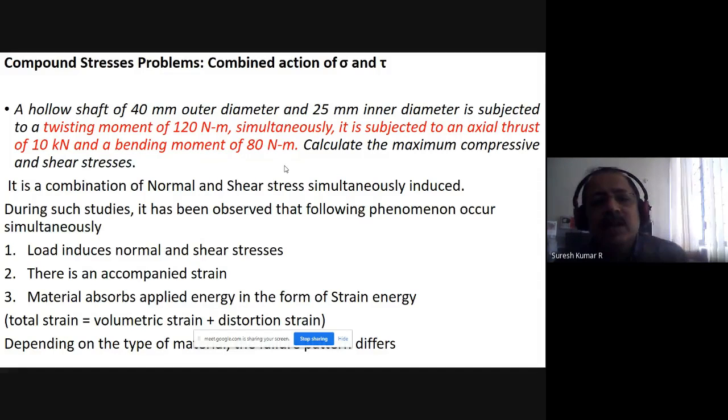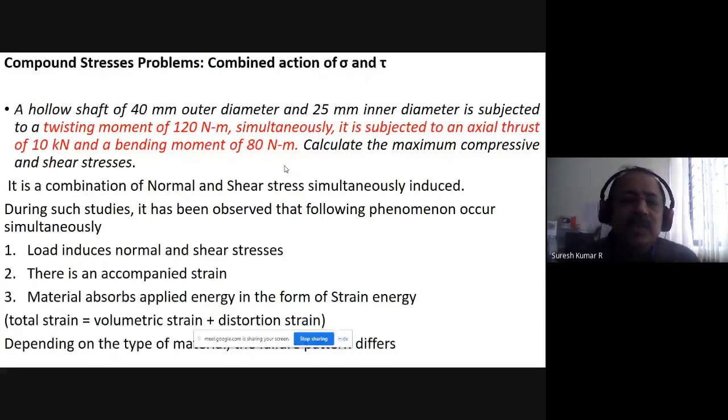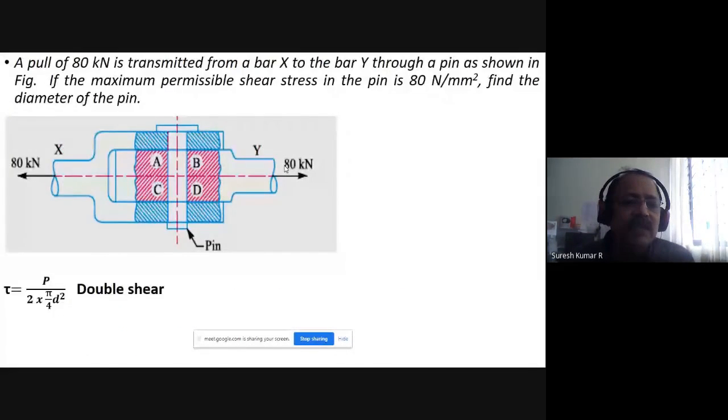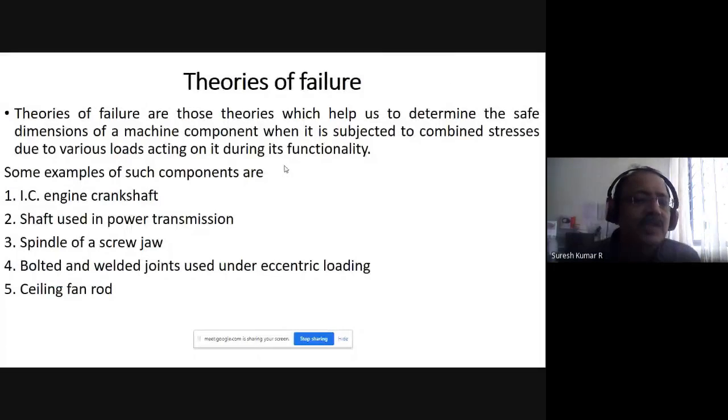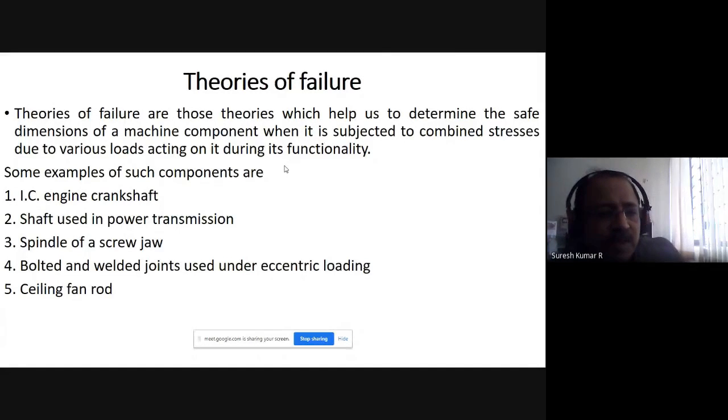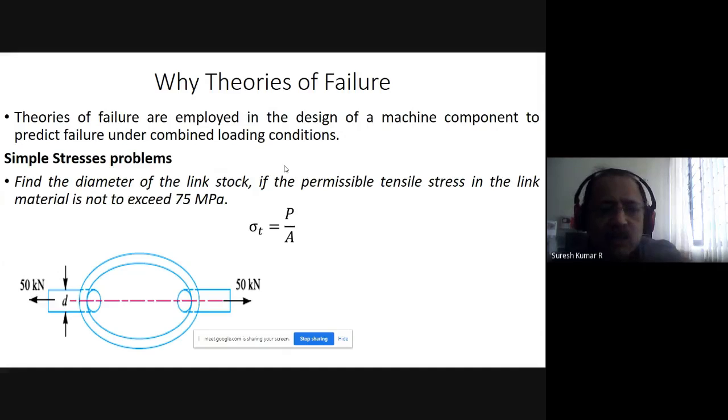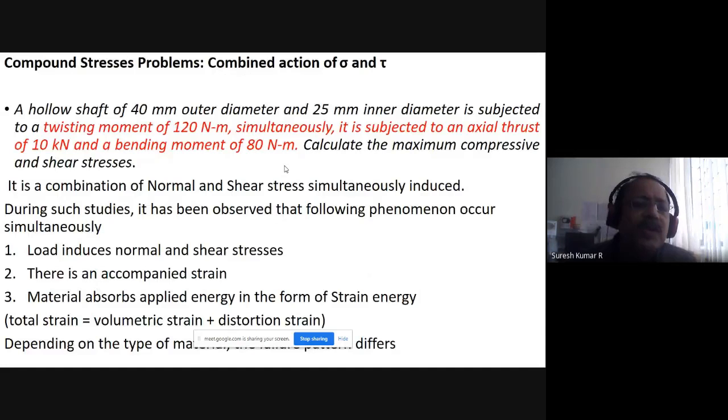Many studies have been undertaken on such components, and there are many examples: IC engine crankshaft, power transmission shafts, spindle of a screw jack, bolted and welded joints, eccentric loading, ceiling fan. In so many places we have a combination of sigma and tau.